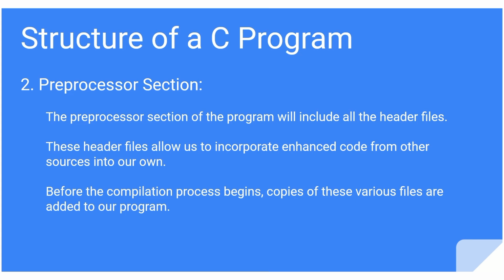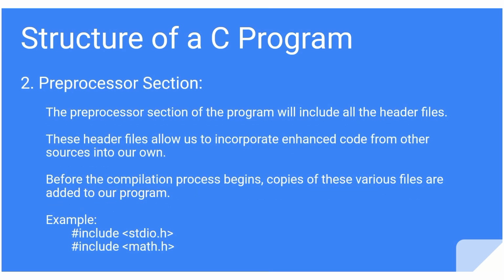Before the compilation process begins, copies of these various files are added to our program. Example, #include <stdio.h> and #include <math.h>. In this case, # is the preprocessor directive and include is a keyword which includes the standard input-output header file to our program.